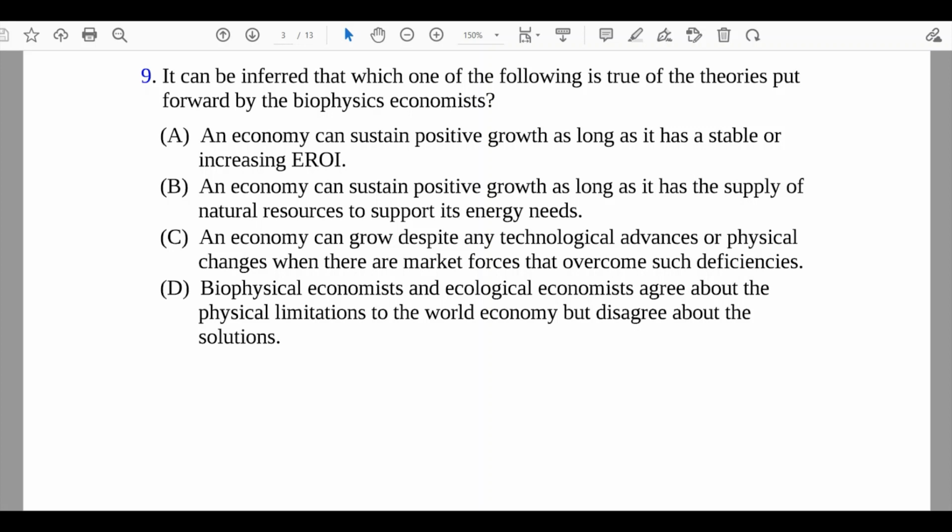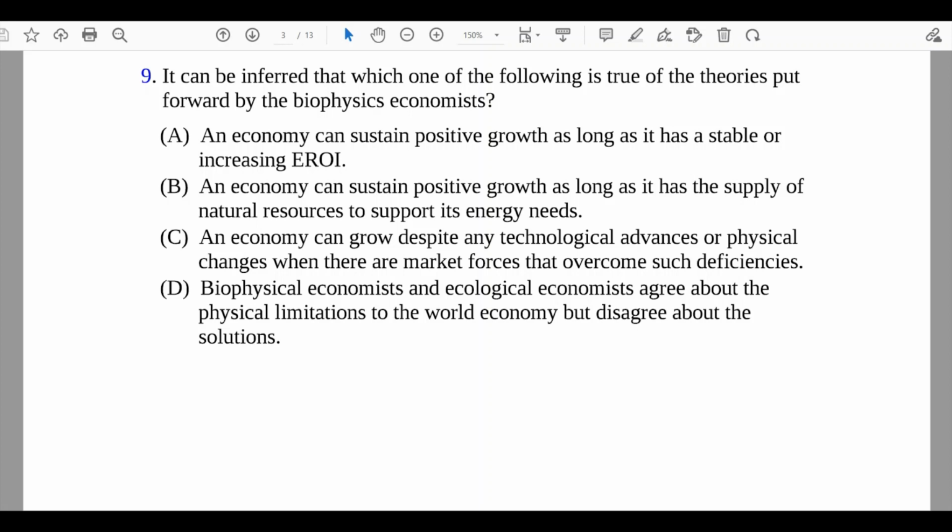An economy can sustain positive growth as long as it has a stable or increasing EROI. This is an inference question because you need to determine which of the possible answers can be inferred from the theories put forward by the biophysical economists. You need to refer to the passage, surely.